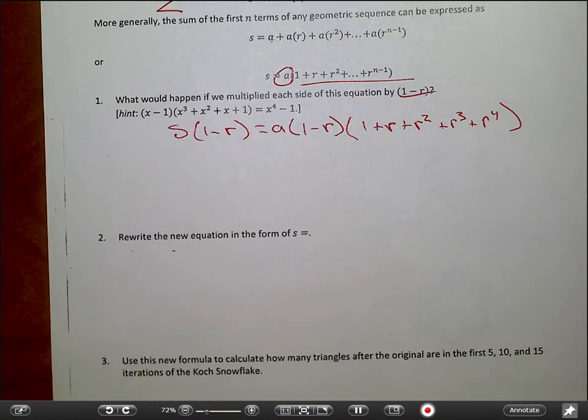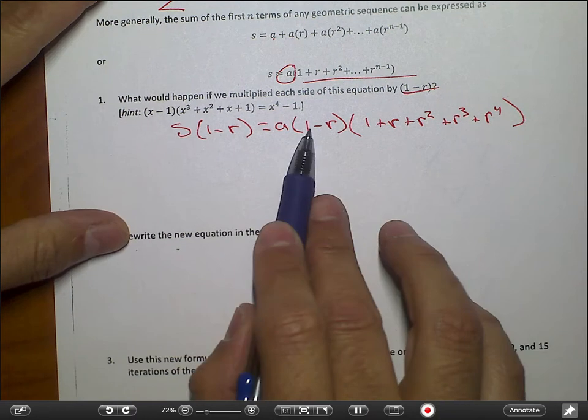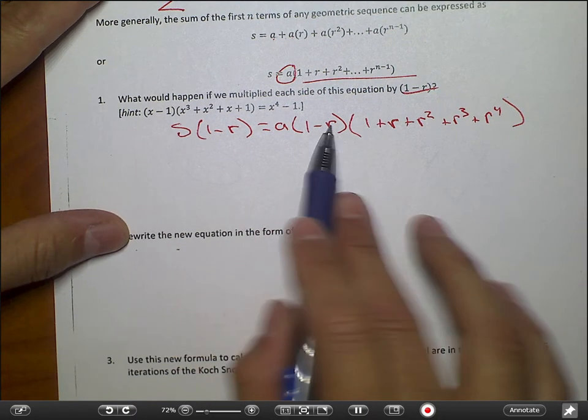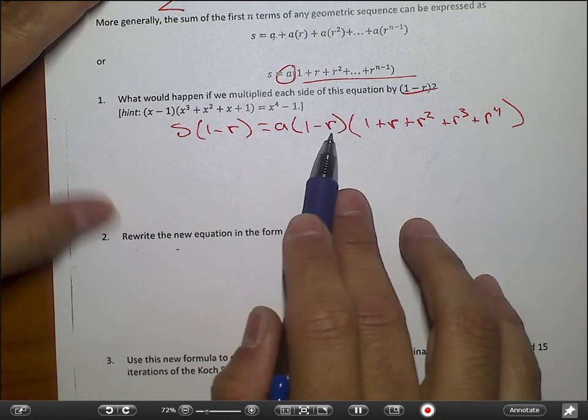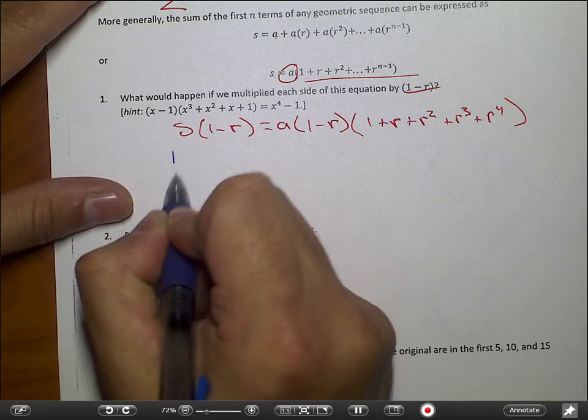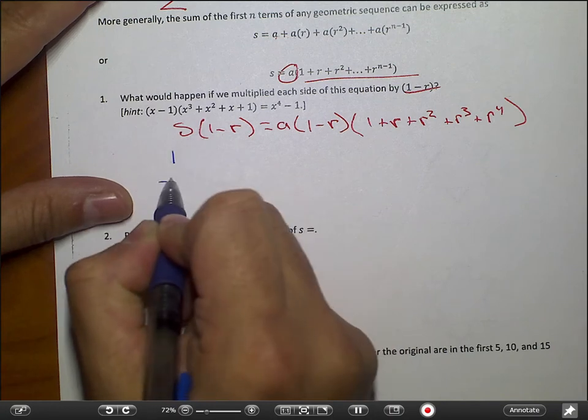So I'm going to scooch this up a little bit. Now, we're going to do the multiplication, and we're going to do the box method. In the polynomial multiplication, you guys actually were doing pretty good on that, so hopefully that works out a little bit better. Instead of distribution, because people are struggling with distribution still, 1 right here and negative r right there.